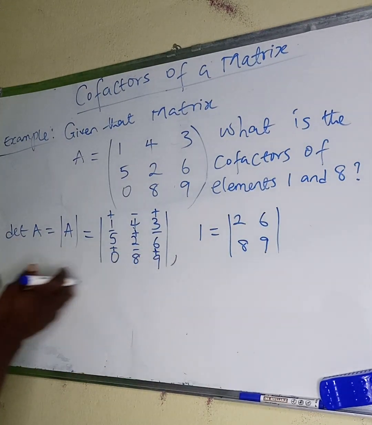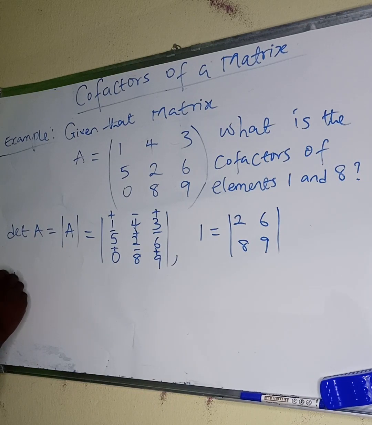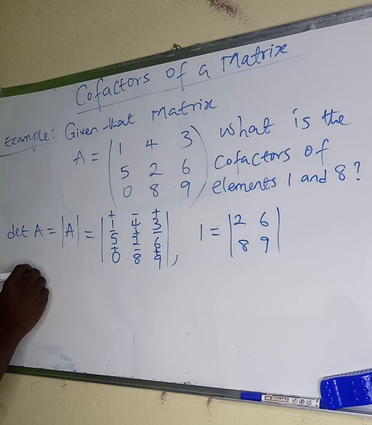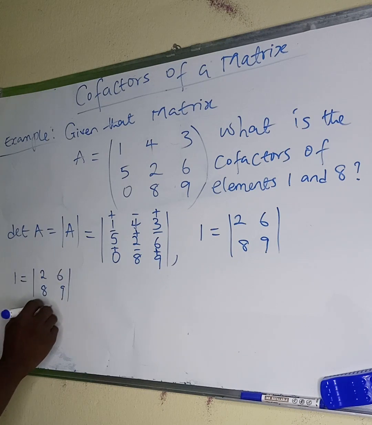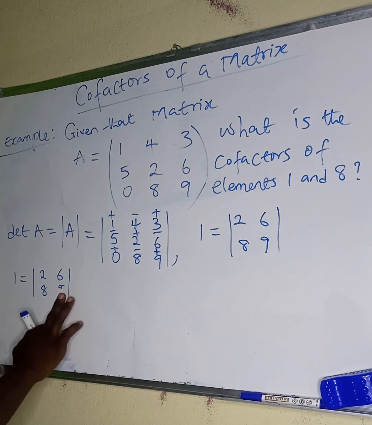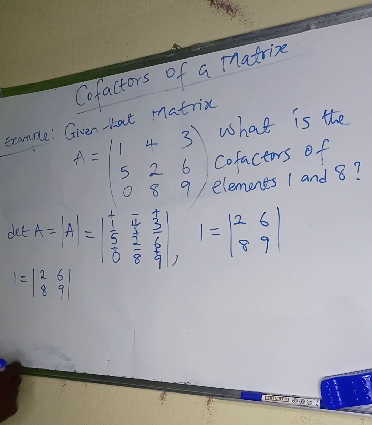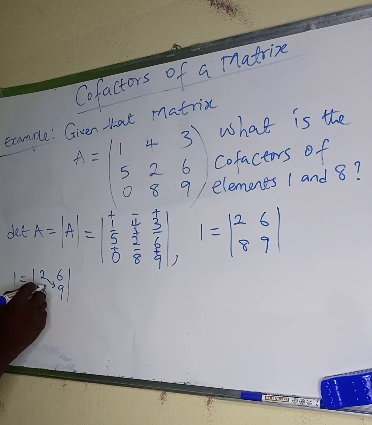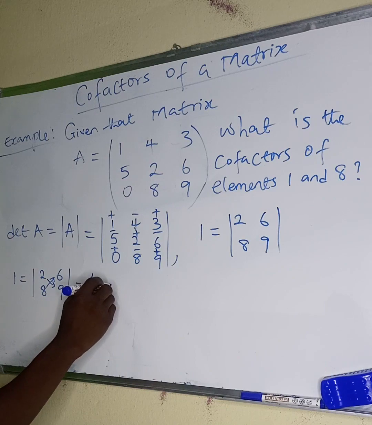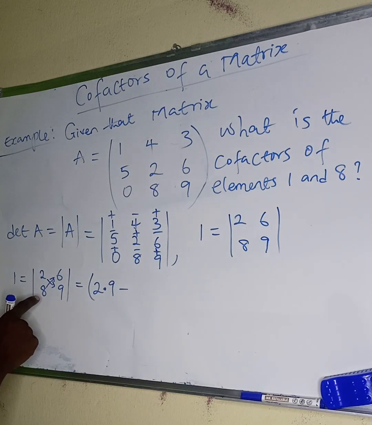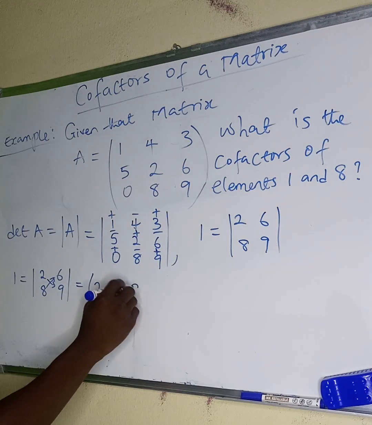Now let's bring this value to this place. That means 1 will be equal to 2, 8, 6, 9. Now, what we're going to do from this point is cross multiply these values. That means 2 multiplied by 9 minus 8 multiplied by 6.